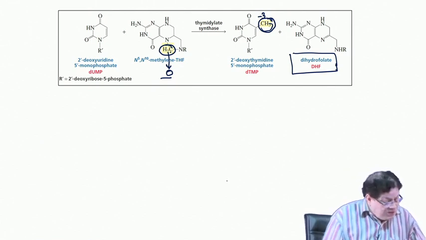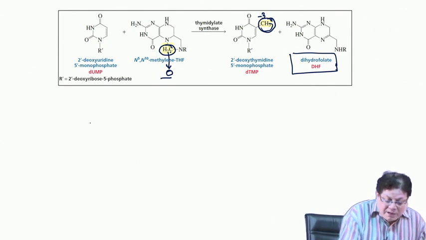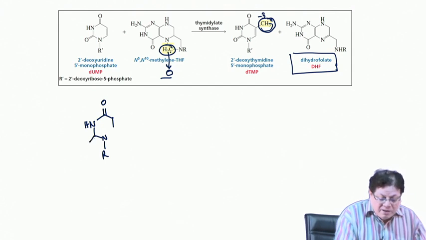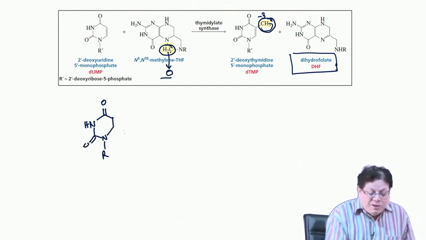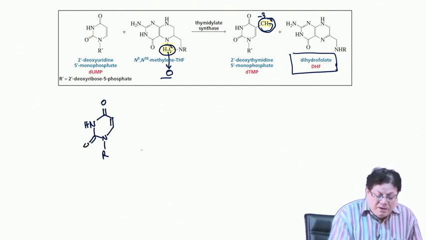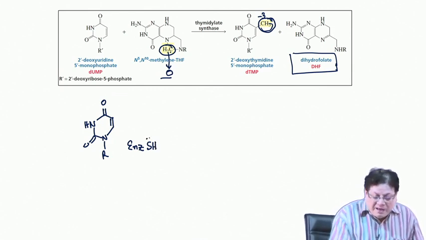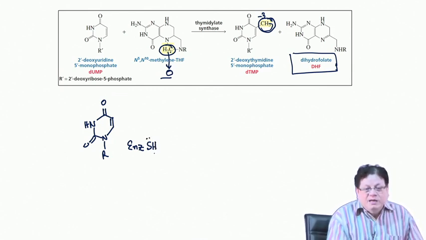Okay. So, what is the mechanism? The mechanism I can draw, it is there in the slide, but better is to draw by yourself, that will make things much more clear. So, this is your uracil molecule. Okay. And the enzyme, that is the thymidylate synthase, that has an active SH in the form of a cysteine at the active site.